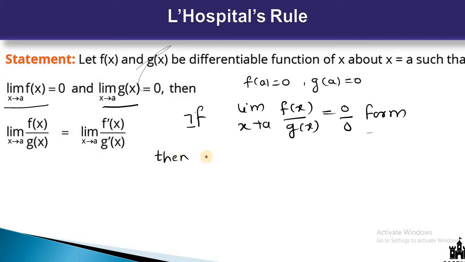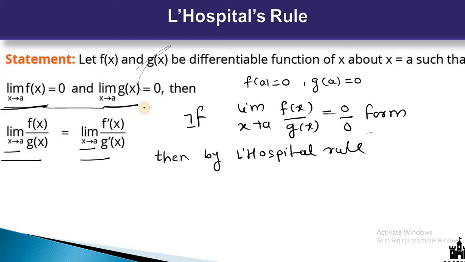Then by L'Hospital rule, the value of the limit of f of x upon g of x as x tends to a is the same as the value of the limit of f dash of x upon g dash of x as x tends to a. This is the L'Hospital rule.